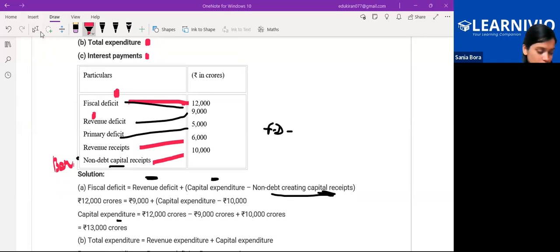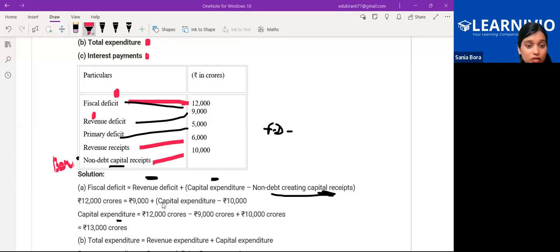So revenue expenditure. Where is revenue expenditure in this one? It will be 10,000 plus capital expenditure. Capital expenditure, ma'am? In this, capital expenditure is not given.